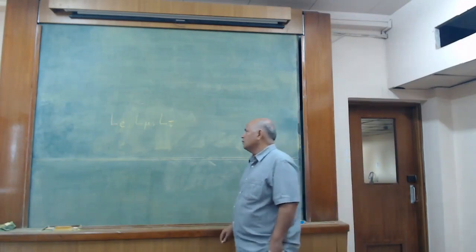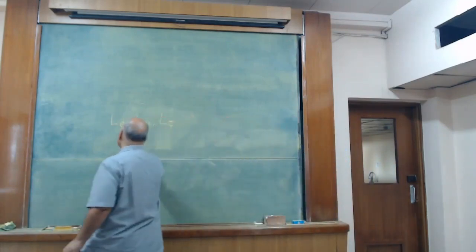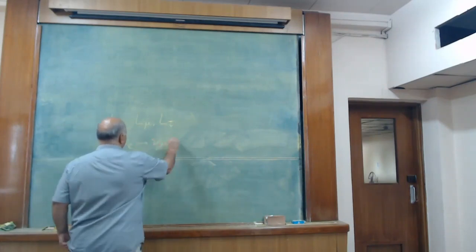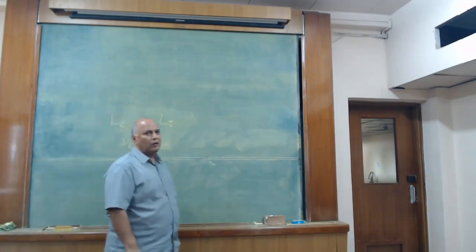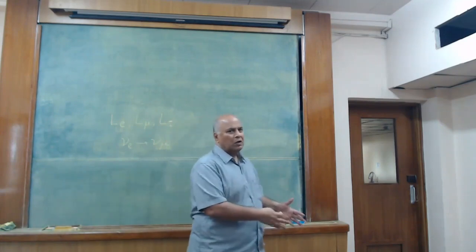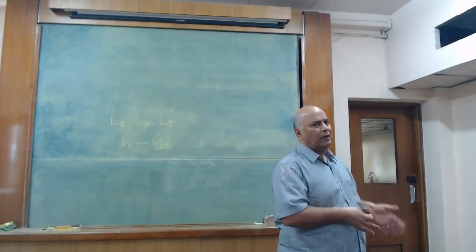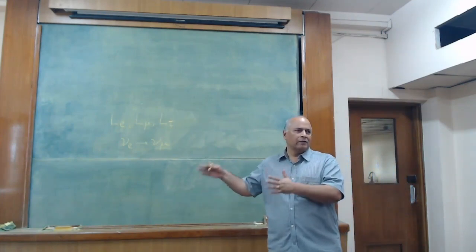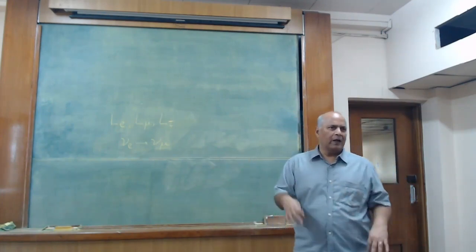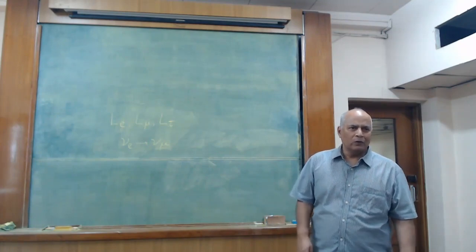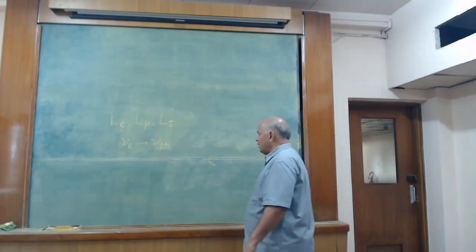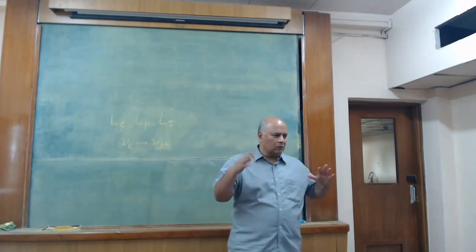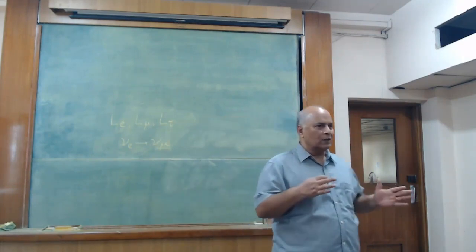But if I now say that nu_e is oscillating into nu_mu, initially I have a state with Le equal to 1, L mu equal to 0, and finally I have a state with Le equal to 0, L mu equal to 1. So both Le and L mu are not conserved. Though mind you, the sum Le plus L mu is conserved.